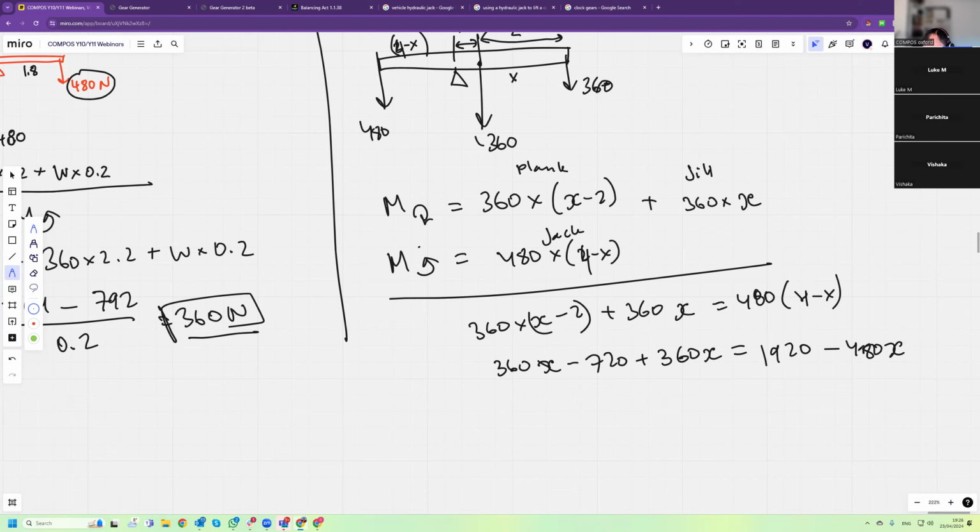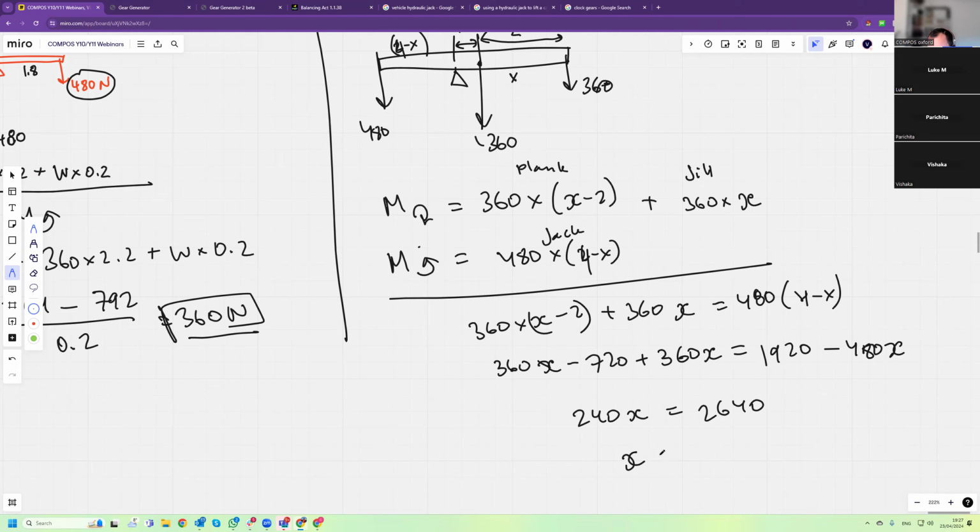So 720 minus 480, 240. 240X is equal to 1920 plus 720, 2640, divided by 240.